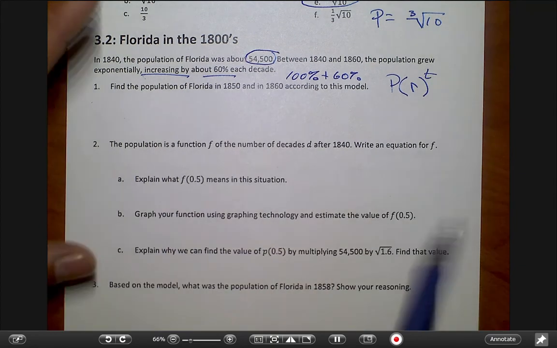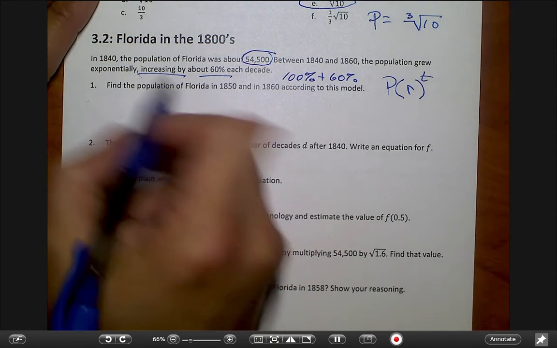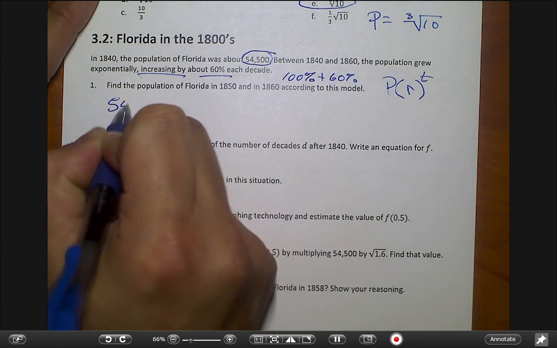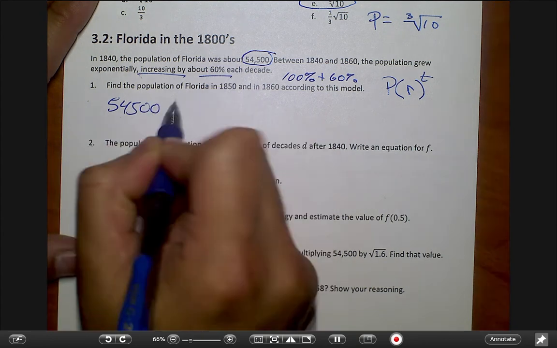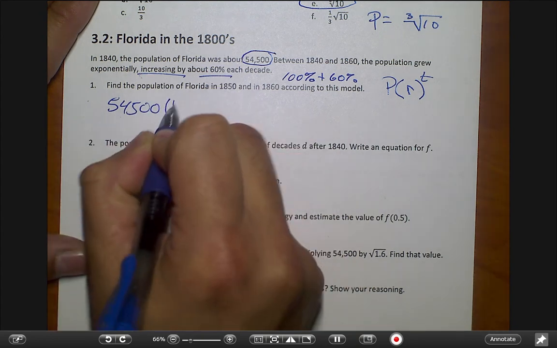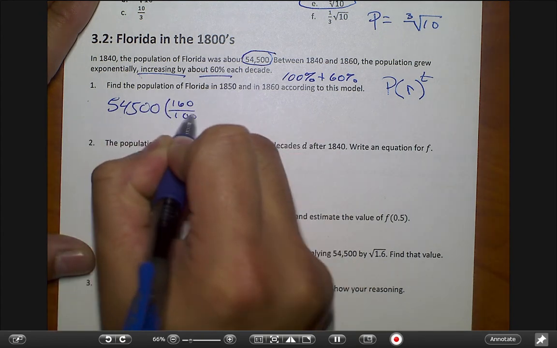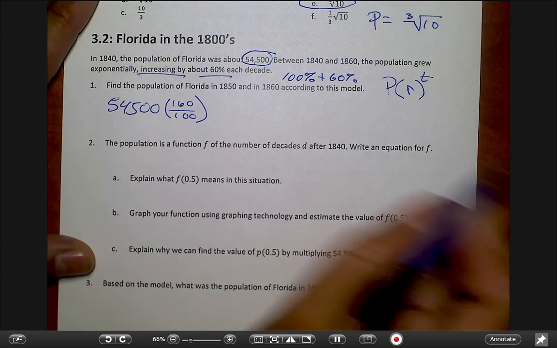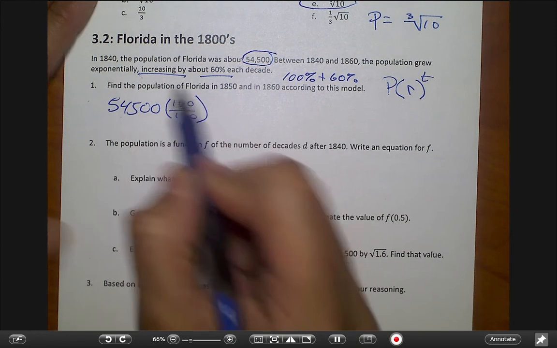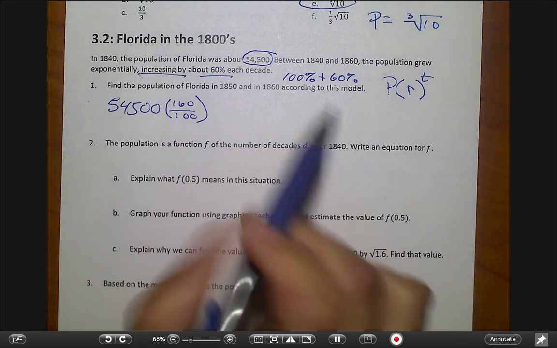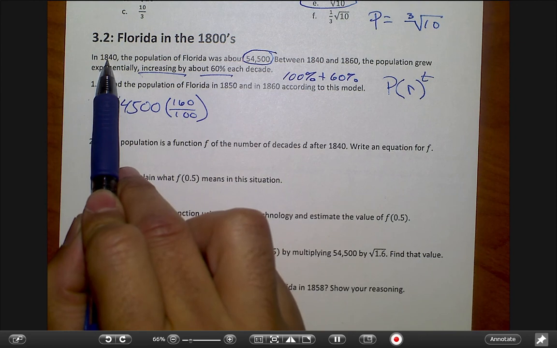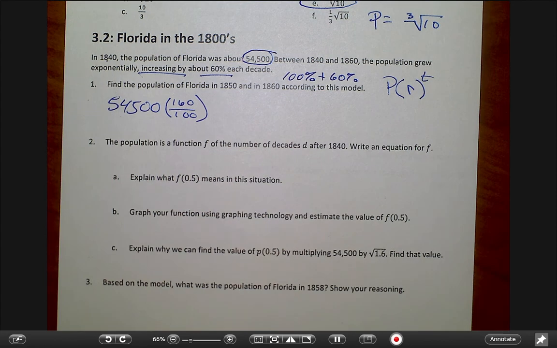So let's go ahead and set it all up. 54,500 parentheses 160 over 100 raised to the... So 1840 is my start, right?